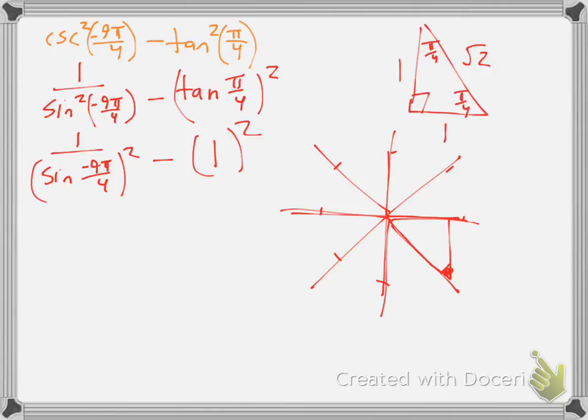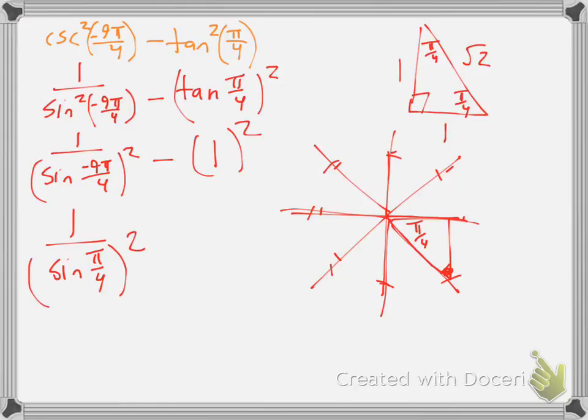Or, if I wanted to go the other way to get a positive angle, it'd be 1, 2, 3, 4, 5, 6, 7. So there's options. But either way, I know that this is going to be a pi over 4 angle, yes? You guys all see that? Okay. That means that sine of negative 9 pi over 4 is the same thing as sine of pi over 4.